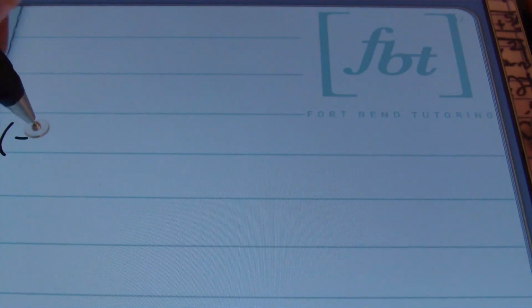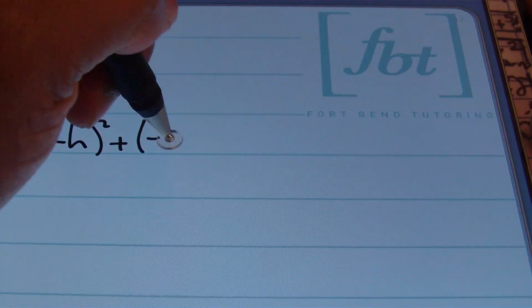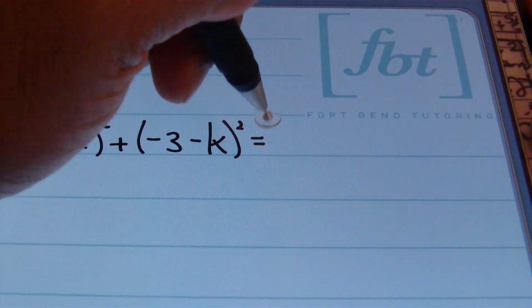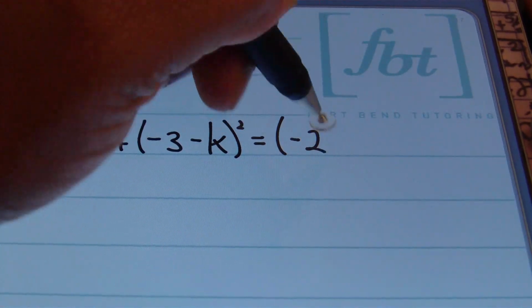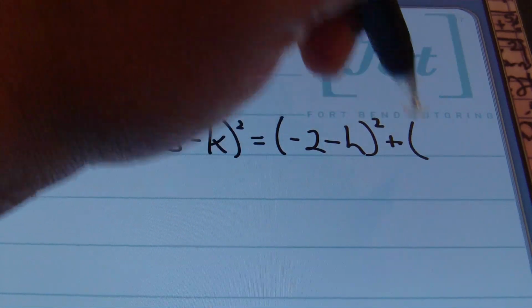All right, you'll begin by rewriting this as (-4 minus h) squared plus (-3 minus k) squared equals the quantity of (-2 minus h) squared plus (1 minus k) squared.